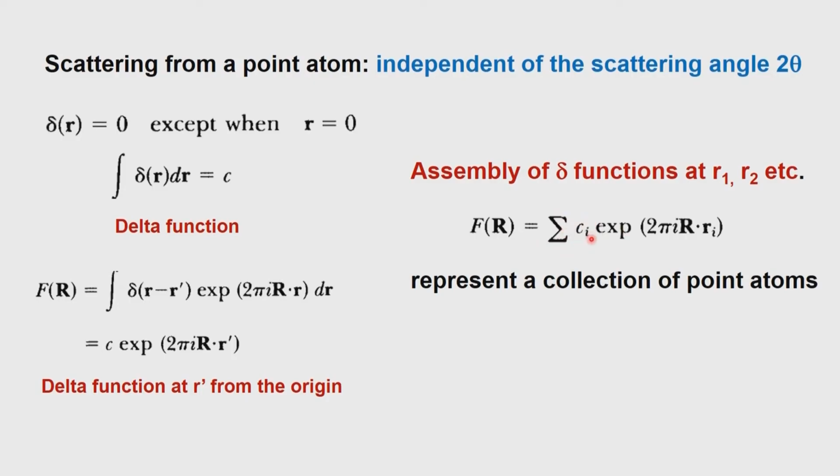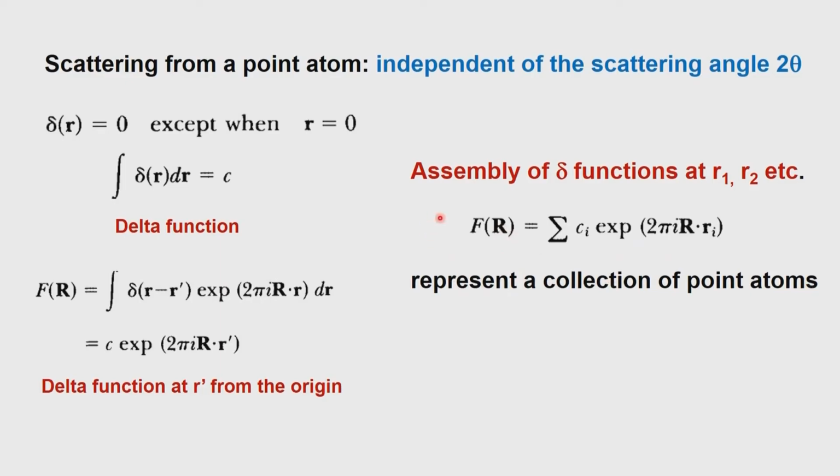This summation will now give us the total number of electrons inside the crystal, and every one of them has a phase factor depending upon where they are sitting. If they are sitting at r1, there is a phase factor, r2 there is a phase factor, r3 there is a phase factor, and therefore this now represents the structure factor for a collection of point atoms.